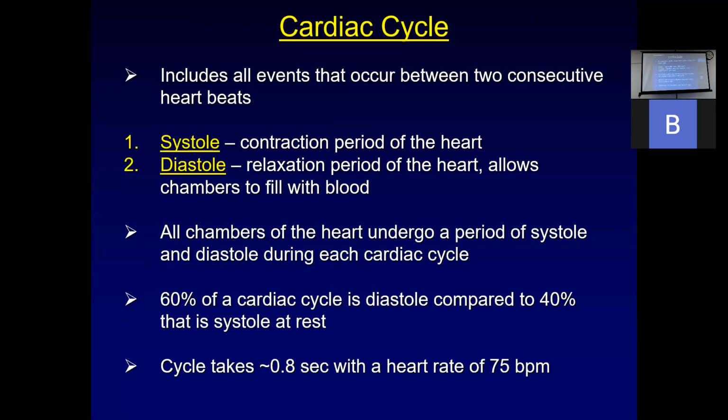As heart rate goes up, the time it takes to perform one cardiac cycle gets smaller and smaller. And because that time gets smaller, the physical amount of time spent in systole and diastole is going to shrink.